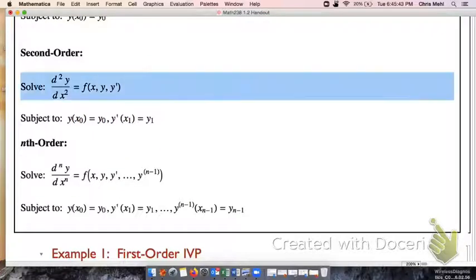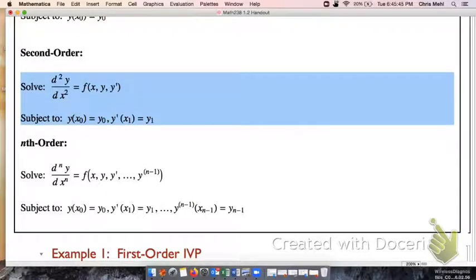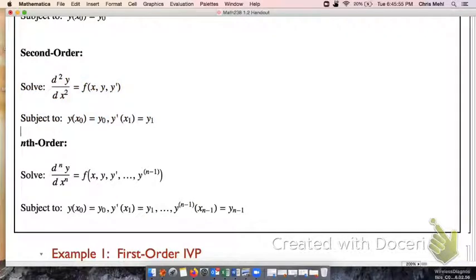You can talk about second order DEs, and again, this is in normal form. You could have the second derivative as a function of x, y, and y prime. But since it's second order, when you solve this differential equation, you're going to find a function y generally in terms of two arbitrary constants.